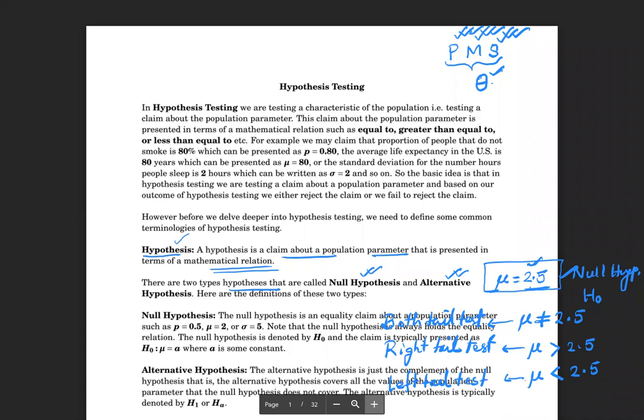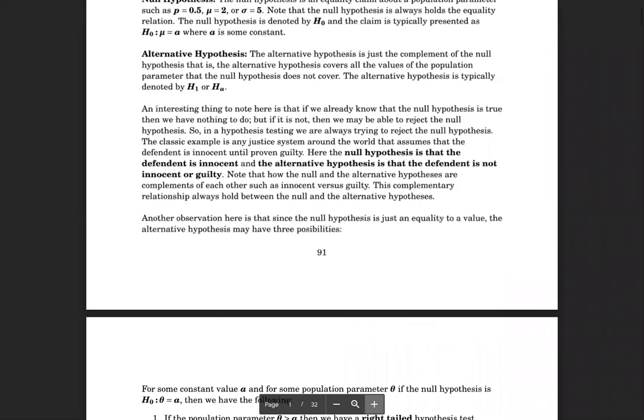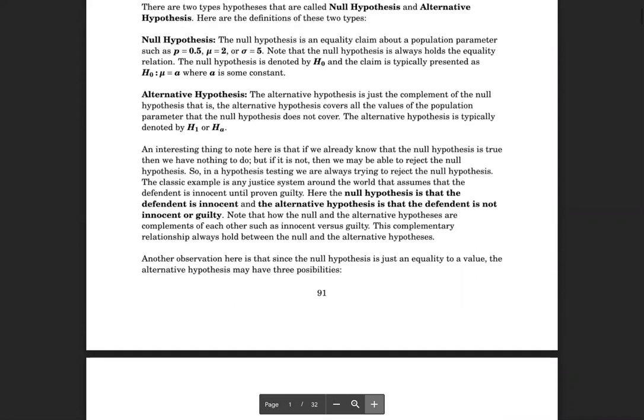Don't hesitate. So we are going to be doing left tail, right tail, or both tail test. Now, the alternative hypothesis is the complement of the null hypothesis. We just talked about it. This is not necessarily a true complement we consider all the time.